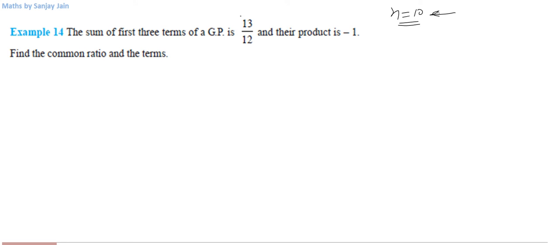This is the real root that I have written. If you don't understand it, you need to visit the complex number lecture where we have dealt with such equations. It can be factorized: a plus 1, a squared minus a plus 1 equals 0. Now this will give you a equal to -1, and this will give you 2 imaginary roots, which we are not concerned with in this question because we are dealing with real numbers here.